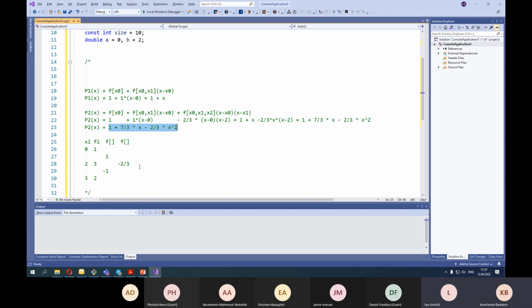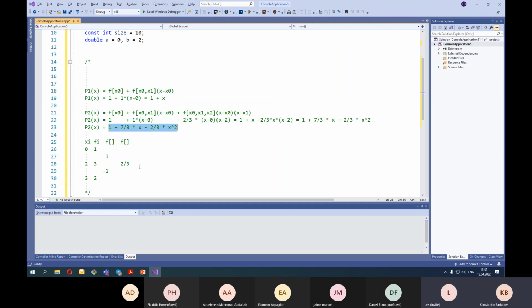And if you compare this result with the polynomial that we got for this data in the previous lesson, you will find that the polynomial is the same. Because we already found this polynomial, but in Lagrange form.